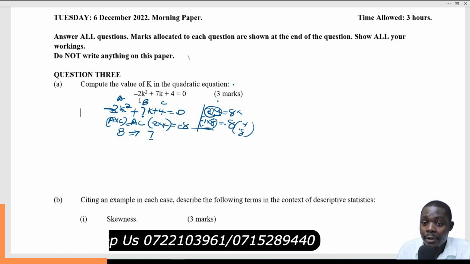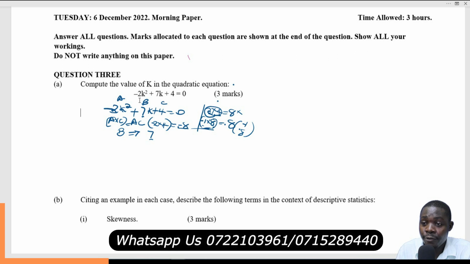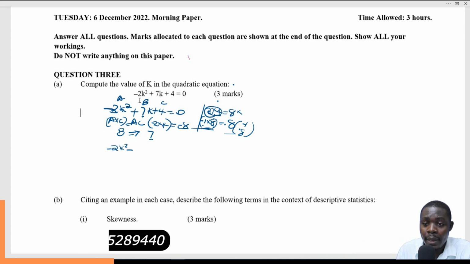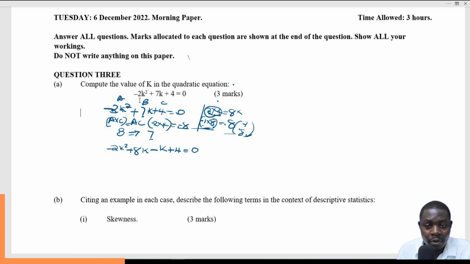Now we come and rewrite the same equation factoring in these particular digits. We are going to have negative 2k squared plus 8k, this one, minus k or 1k plus 4 is equal to 0. We can collect like terms.